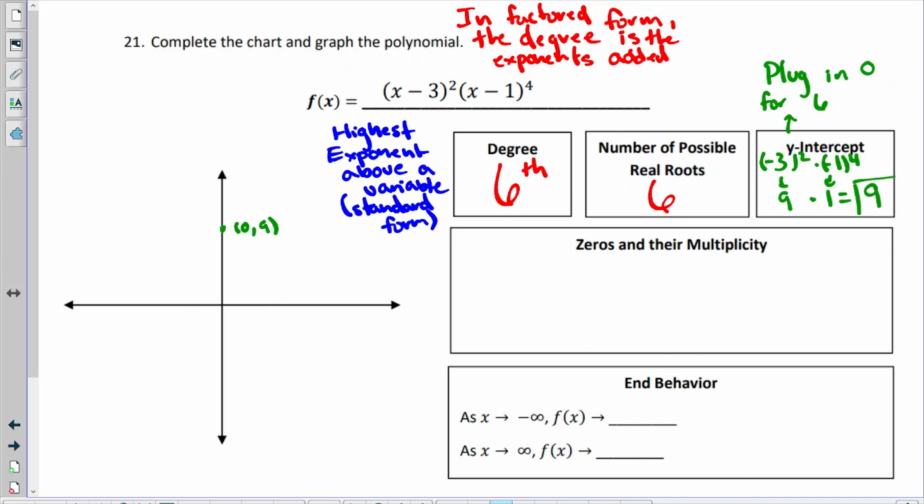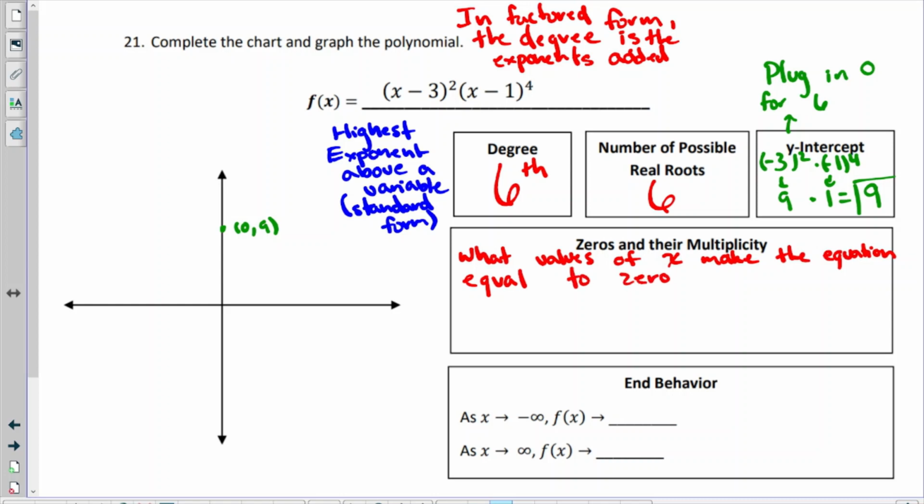To find these, we have to look at the factors, right? The sets of parentheses, and we figure out what values of x make the equation equal to 0. That's why we call it a 0, right?